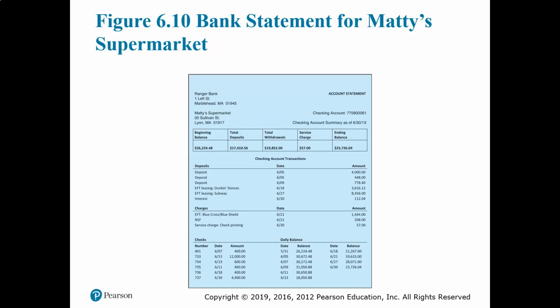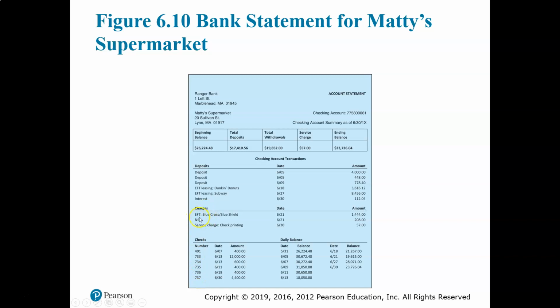So here is a bank statement. One of the most important things is this ending balance here. You have a service charge here. You have all these checks that have cleared. So for any checks that have not cleared, you have to go through all the check numbers and see which ones haven't cleared, and that would be your outstanding check list.